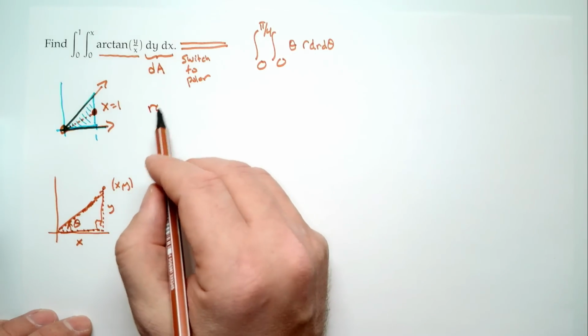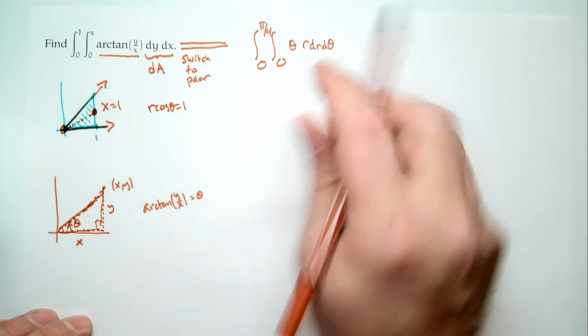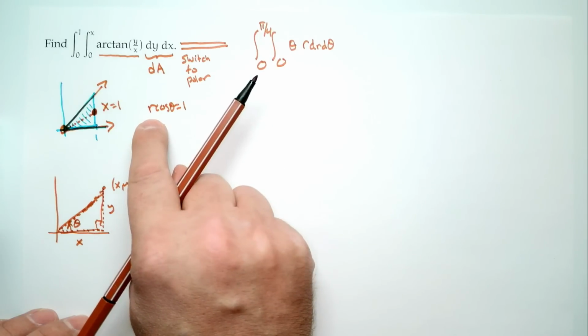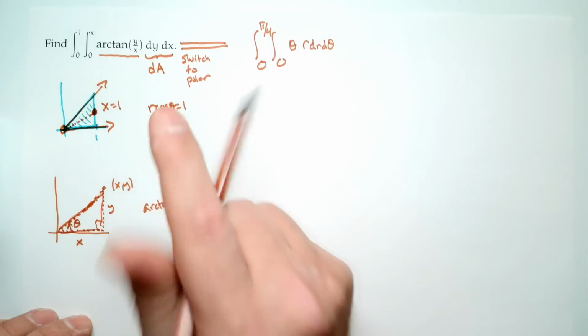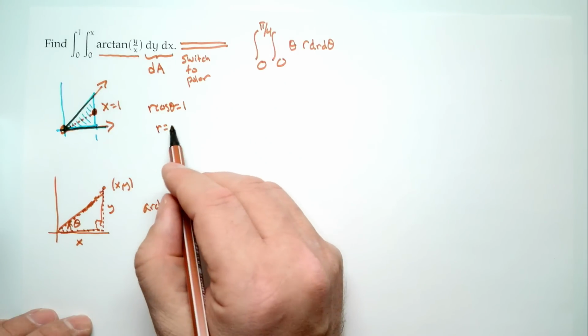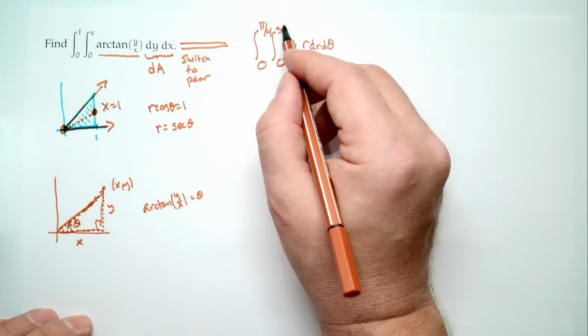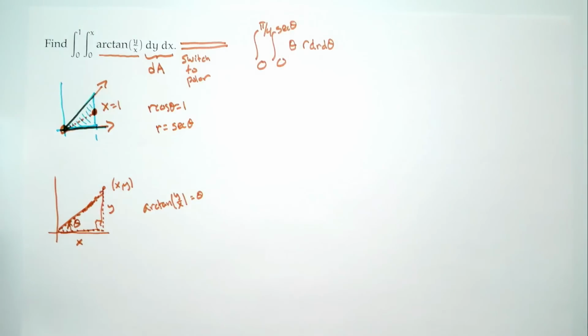So r cosine theta equals 1. And remember, because this is an r bound, the dr, I have to solve for r. So instead of r cosine theta equals 1, we say r equals secant theta. So we're going from 0 to secant theta.